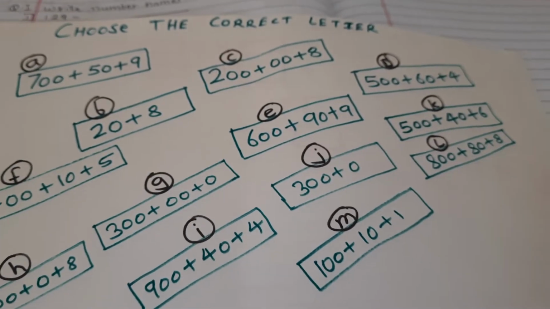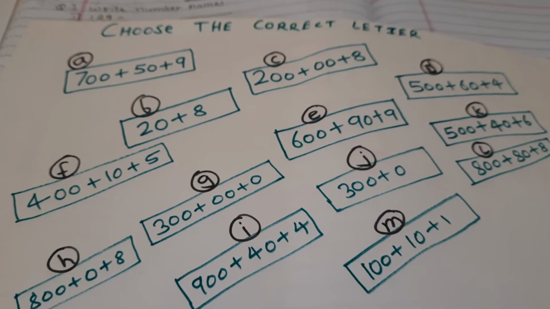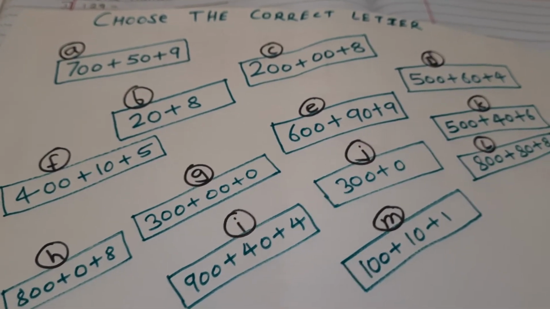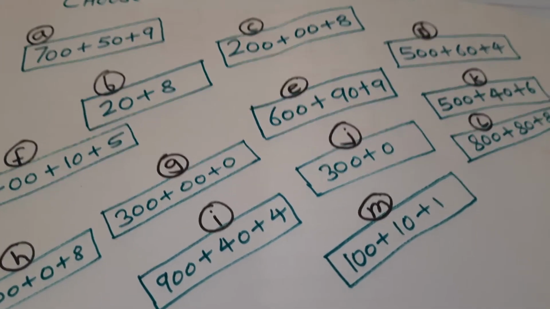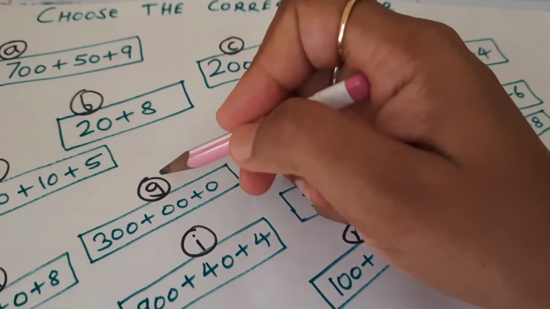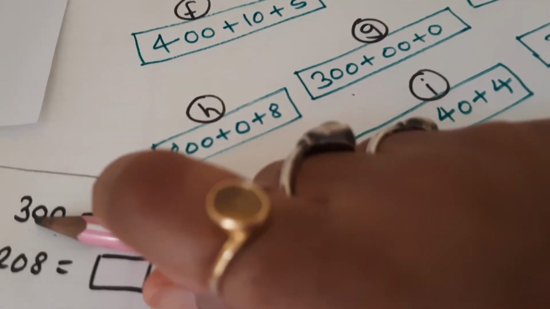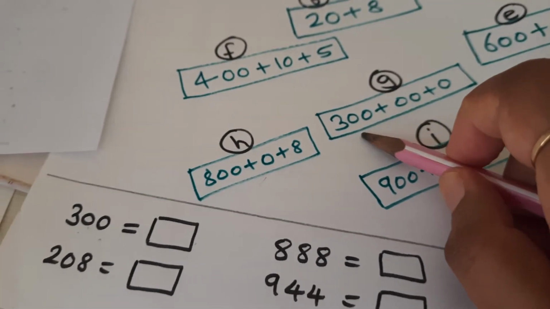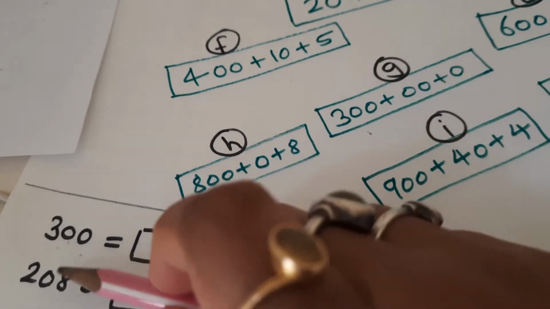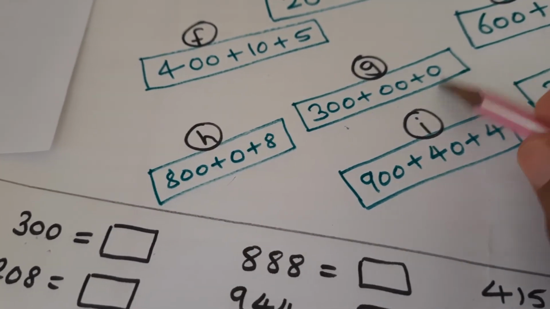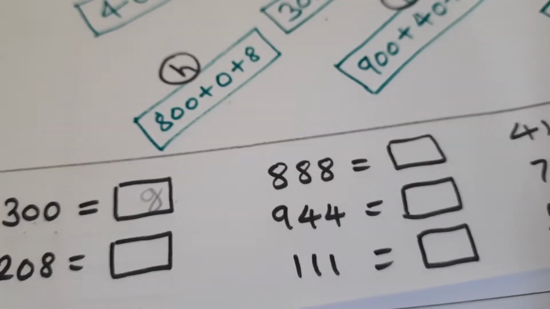So you are going to choose the correct strip which shows the expanded form of the number 300. Yes, this strip with the letter G shows the expanded form of 300. So 300 plus at the tens place 0 is there, so we have written 2 zeros, and at the unit place 0 is there. So in the box we will write G.